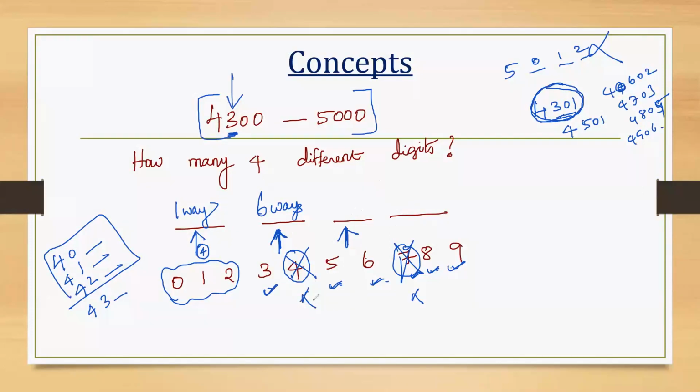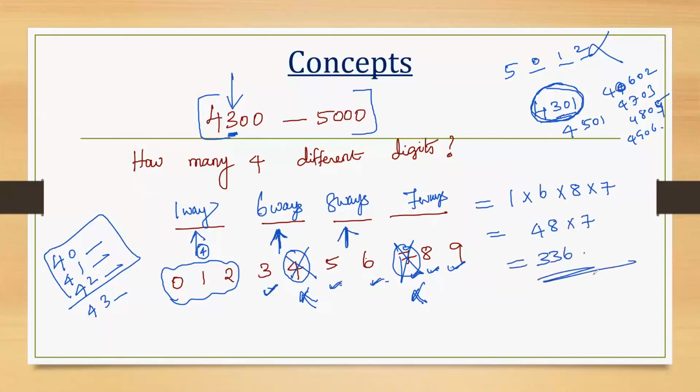Except those two digits, the remaining 8 have chances, and then 7. So the final value will be 1 into 6 into 8 into 7. So 48 into 7. What is the value? 336 numbers. So clear?